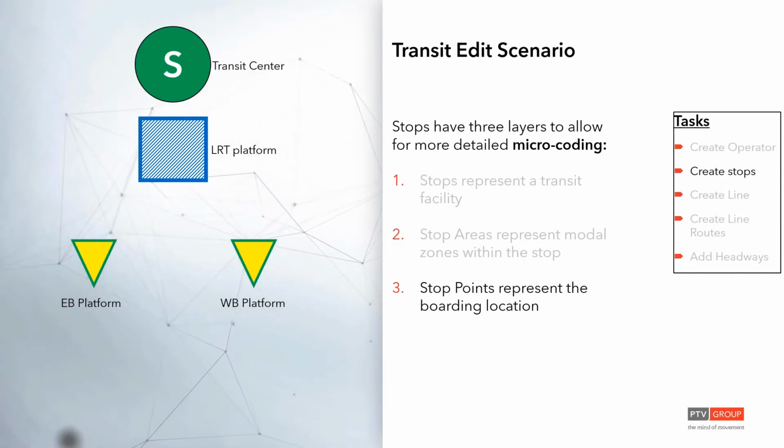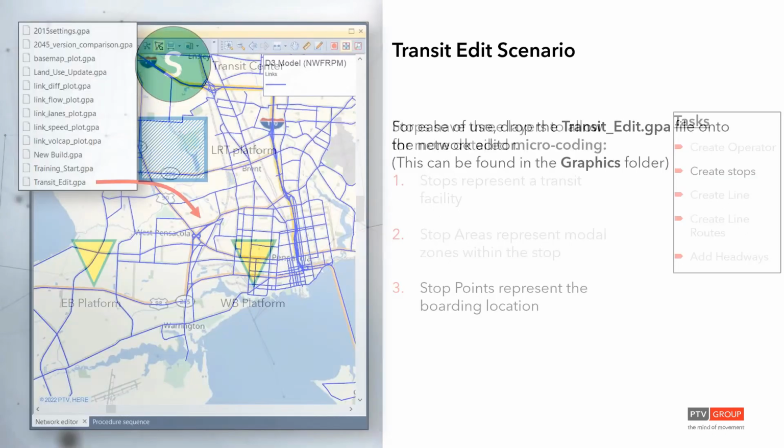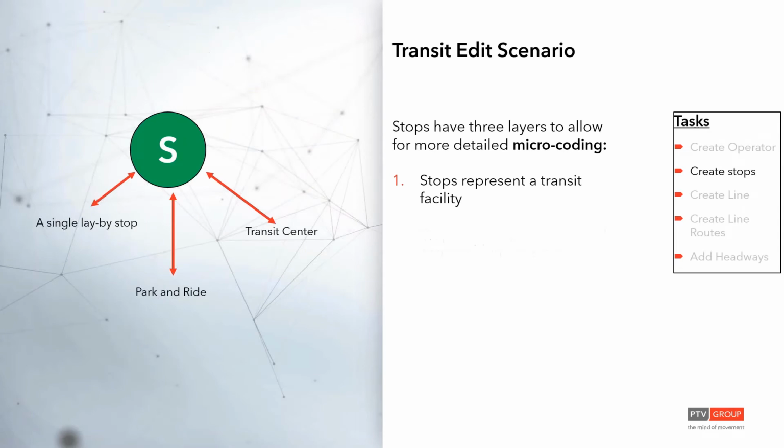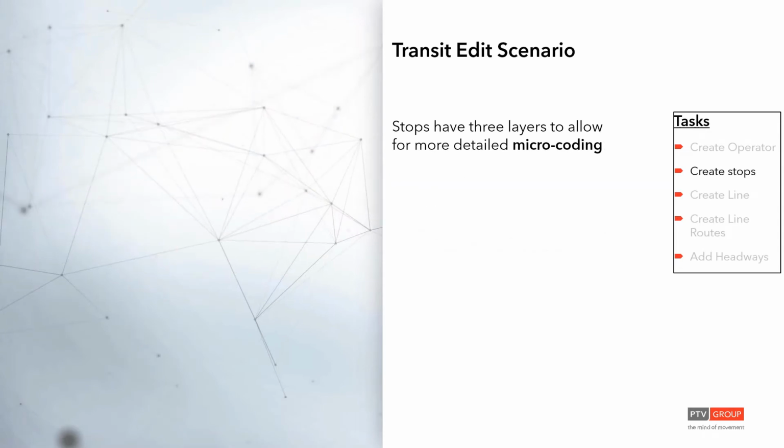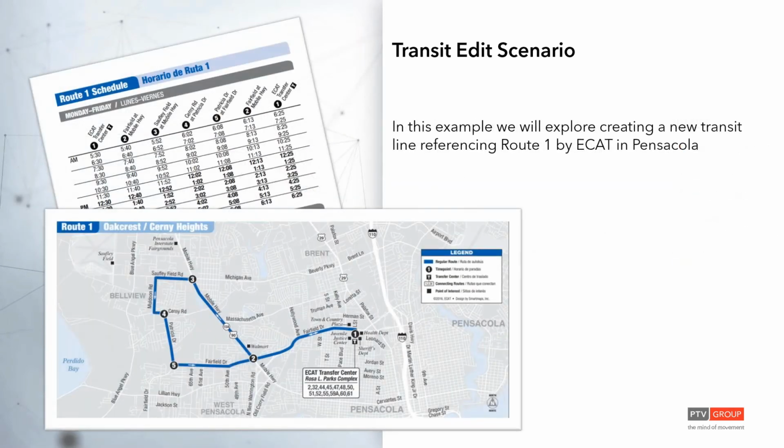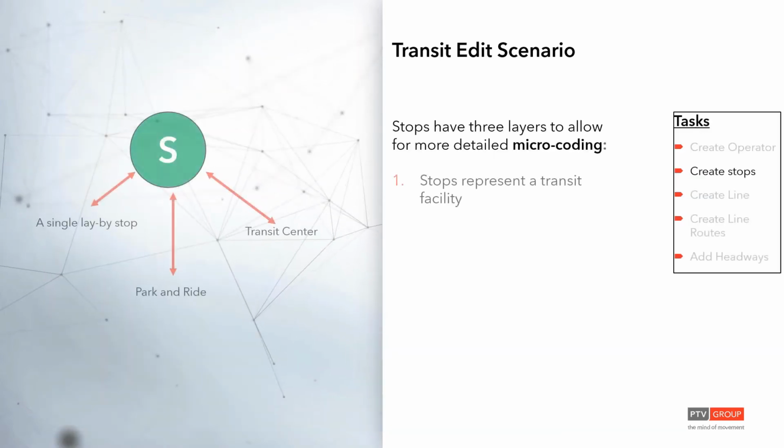Now, for our purposes today, if I go back a few slides just real quick, we're going to be coding in just these 5 stops. And each one of these stops is just going to represent a single stop point.